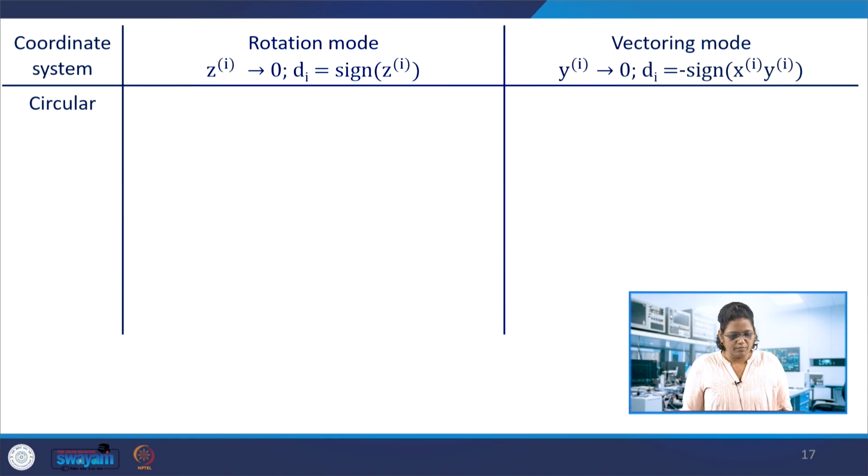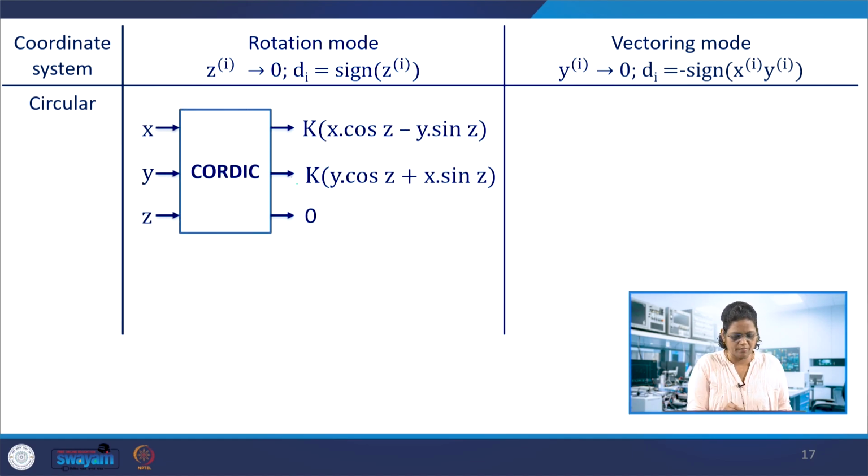If we consolidate that, for a circular coordinate system, x, y, z are the three inputs of the CORDIC if you consider it as a block, and zi is going to be 0 in the rotation mode. di is the sign of zi, which is initially assumed plus 1, so it is going to be plus or minus depending on the sign, and K is the Kn here.